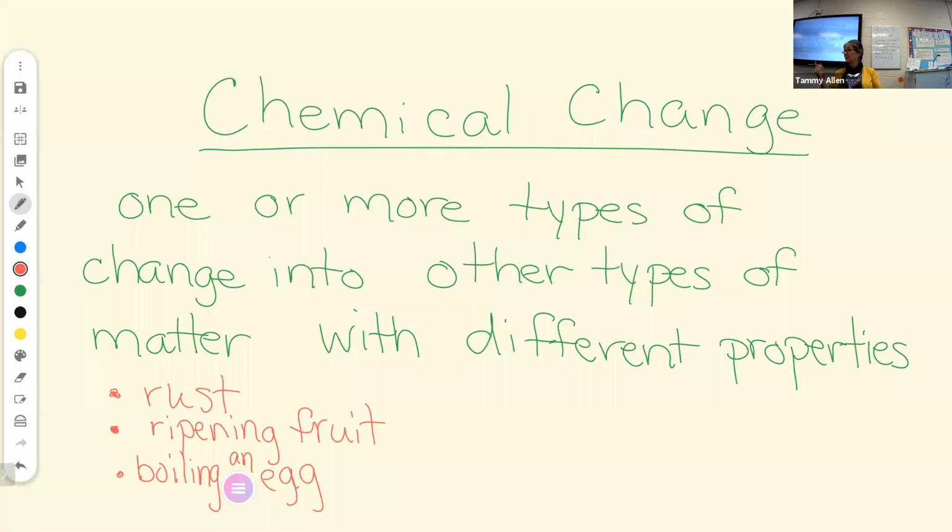What form did they turn into? Nope, gas. Not liquid, gas. A gas. Did we contain the gas? No.